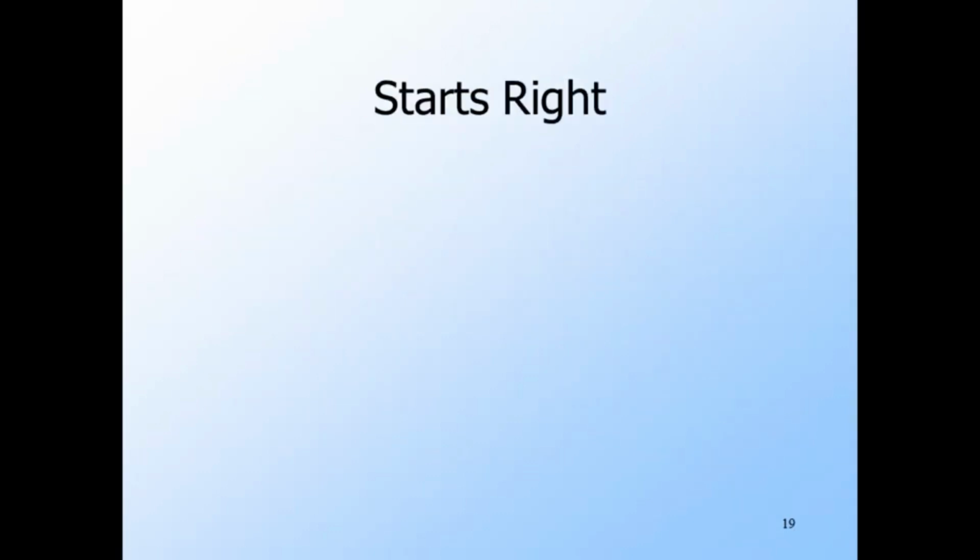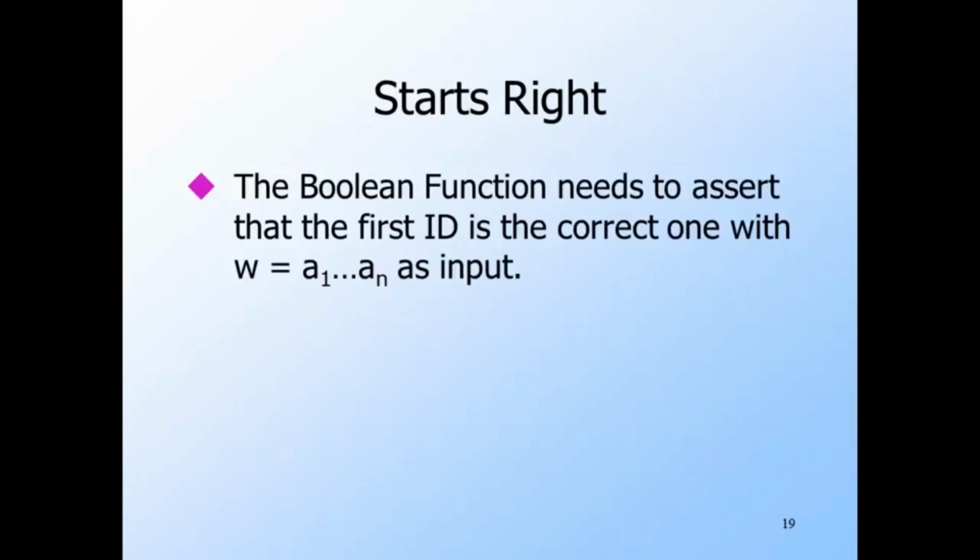Now let's formulate starts right. This expression requires the first ID to be the one m starts in with input w. Let w, whose length is n, consist of symbols a1 through an. We want x00, the first position of the first ID, to be the symbol that is the start state of m. That's used conventionally q0.